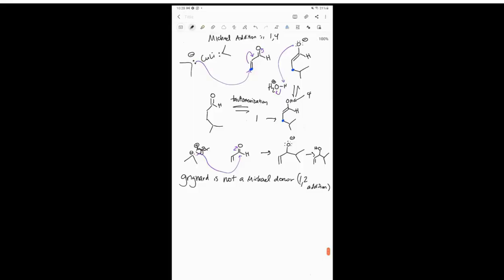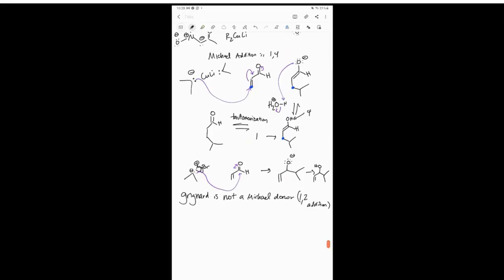Let's take a look at them together here. So do we see the difference? We are adding in different positions depending what reagent we use. And so Grignard and Gilman are pretty similar reagents, right? But because it's stabilized, it's going to be able to attack the conjugate position instead, yielding the 1,4 product over the 1,2 one.